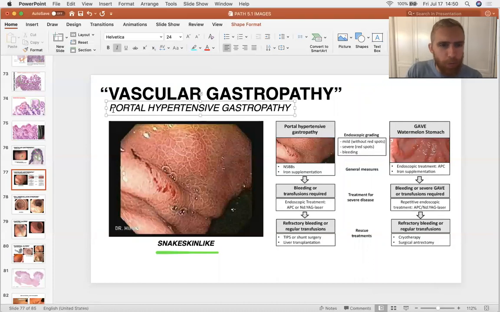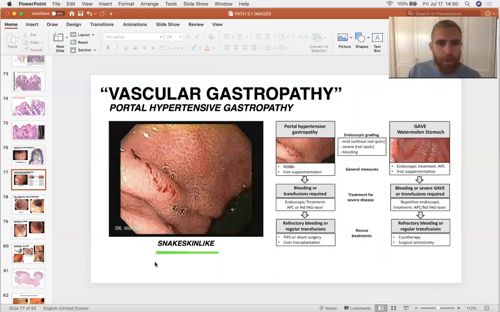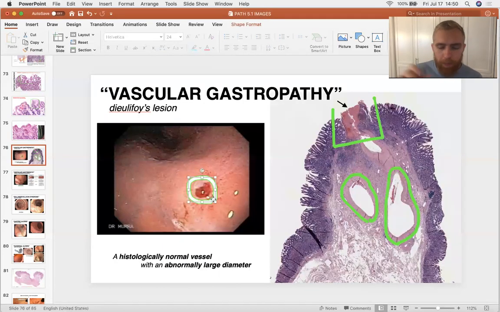And now hopefully you remember it extra well, because we have gone over it twice. So that's our portal hypertensive gastropathy with the snakeskin-like appearance. Only thing that's going to give you a snakeskin-like appearance. Dieulafoy's lesion is going to present grossly as just a bubble of blood, because that blood vessel is so big.